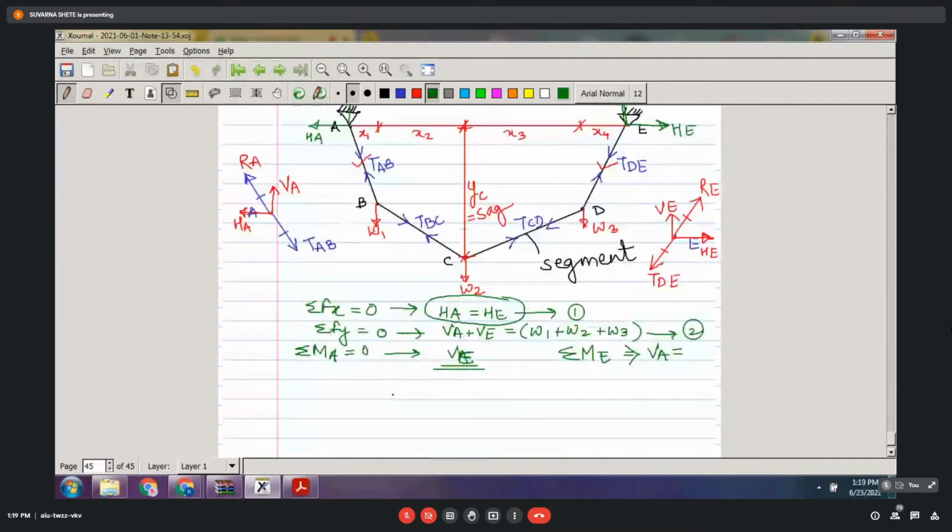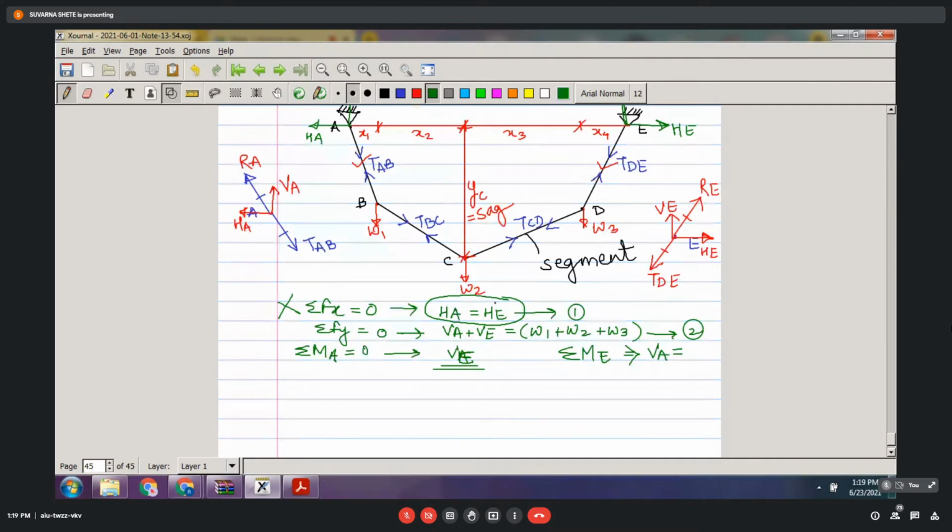So by using conditions of equilibrium for the entire cable segment, I am not able to find the horizontal components of my reactions at hinges A as well as E. Yes, vertical components I will get, but horizontal I will not get. याच्यासाठी काय गिव्हन असतं, यालाच आपण म्हणतो दिस इज इनडिटर्मिनेट स्ट्रक्चर.